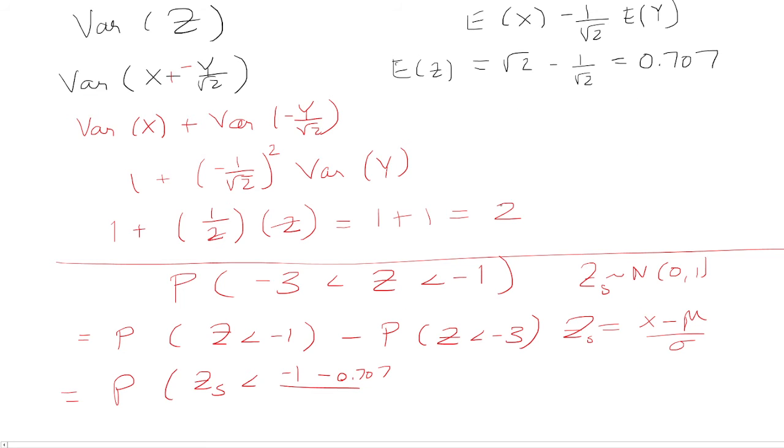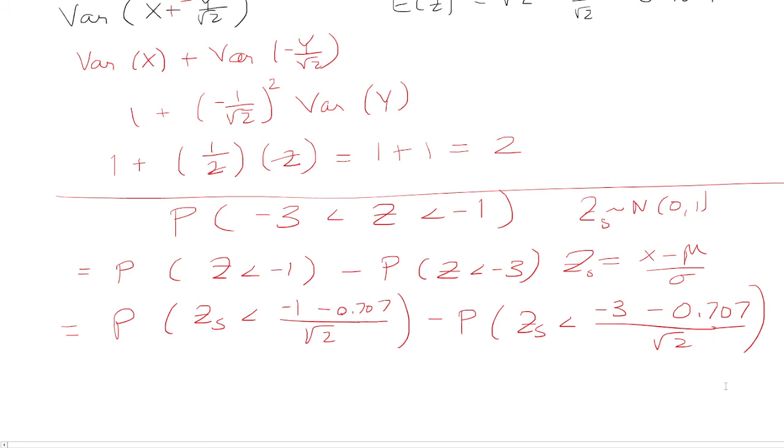Now, the variance we said was 2, so the standard deviation will be the square root of that. And we want to subtract the probability that the standard normal variable is less than -3 minus the mean, which we said is 0.707, divided by the standard deviation.